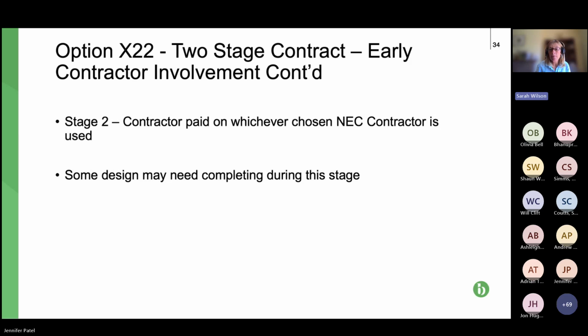If they don't, then the client's free to go out to tender and get another party to carry out the works. The contractor's free to say, not interested in doing this work, thank you, we want to walk away. So I think that's good from the contractor's perspective. Next slide, please.